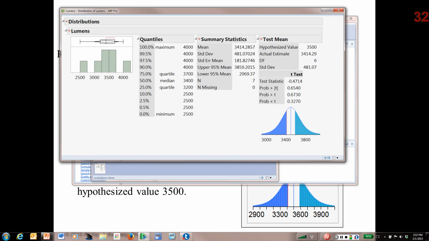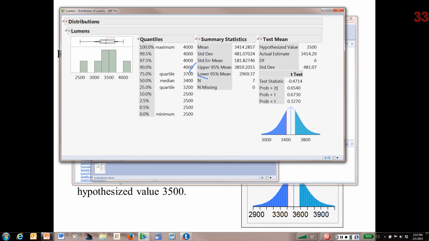So in this case, we do not reject the null hypothesis. In other words, the discrepancy between the sample average and the null hypothesis is so small we have no evidence to reject the null. It's entirely possible that the theoretical mean is 3,500. I can't really prove it, but I have no evidence against it.